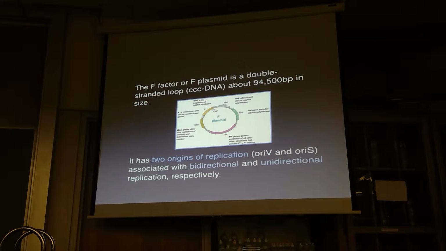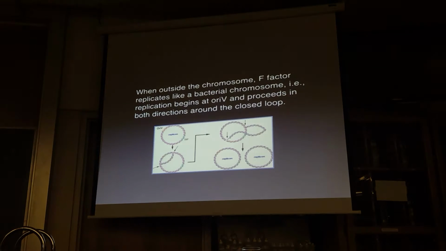So if replication starts not at the typical origin, but at the other one, it only goes in one direction around that loop, which is significant when we start looking at the different mating types of Escherichia coli.